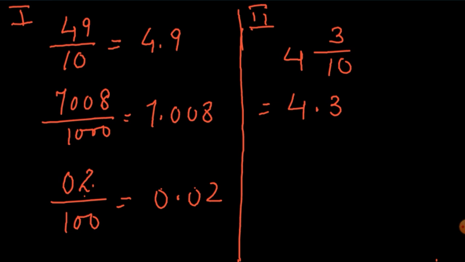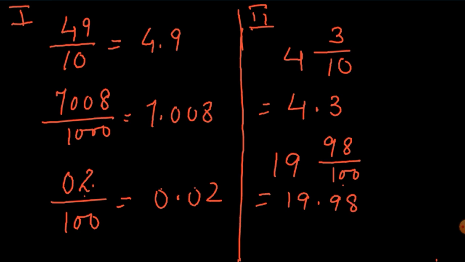Let's take one more example. Suppose I have a number 19 98 upon 100. So what will it be, 19 is a whole number, put decimal. 1, 2 means the decimal begins before 98, so it is 19.98. One more example, 2 5 by 1000.